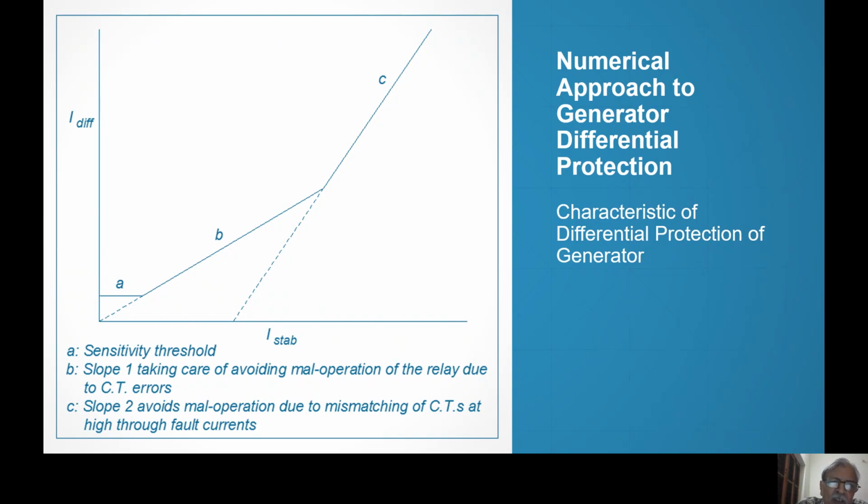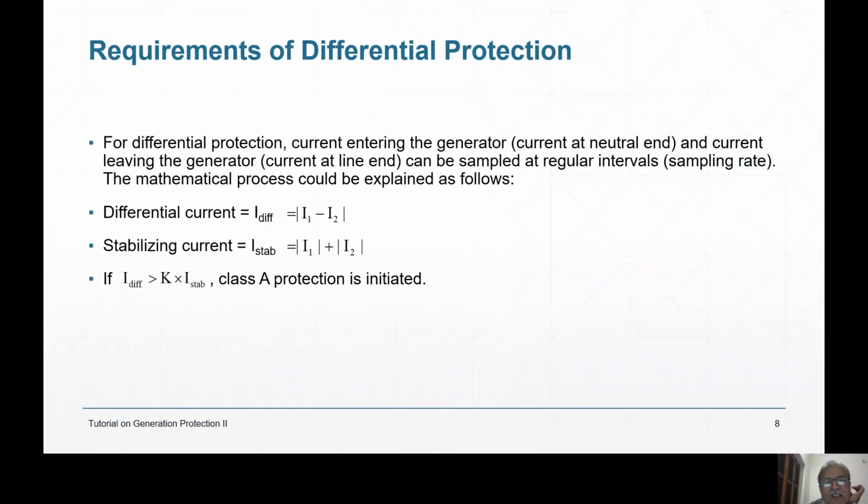So it is higher slope, right, to save the maloperation against mismatching of the CTs. So any point above this curve is operation. Any point below this curve is blocking. Right? What is the philosophy they use? They said that I differential is equal to I1 minus I2.